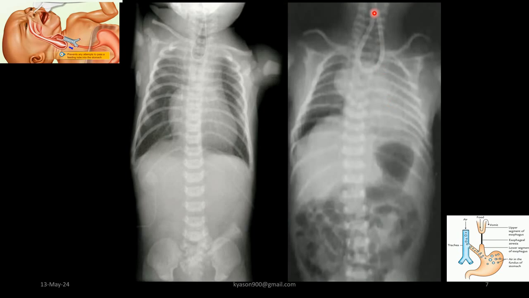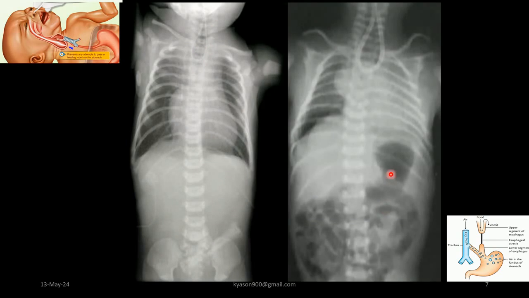So you can see once you pass a nasogastric tube into the alimentary canal of these young ones, because there is an atresia, this tube is not going to continue downwards, it's going to just loop around itself because there is no continuity. That only confirms that there is an esophageal atresia, just as we confirmed it here.